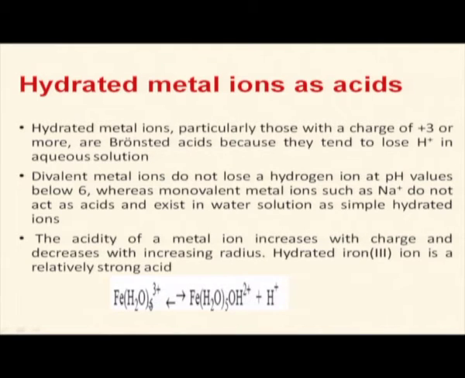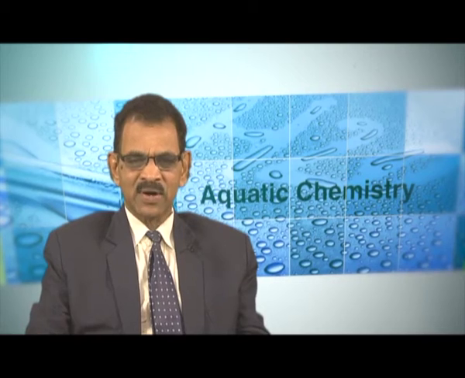That is, one of the water molecules will lose a proton here as shown in this equation, and the charge you can see here is converted from 3 plus to 2 plus, and here a neutral water molecule is lost and one hydroxide is formed, and this is responsible for the charge reduction to 2 plus here. So, this is a property of this highly charged ion.